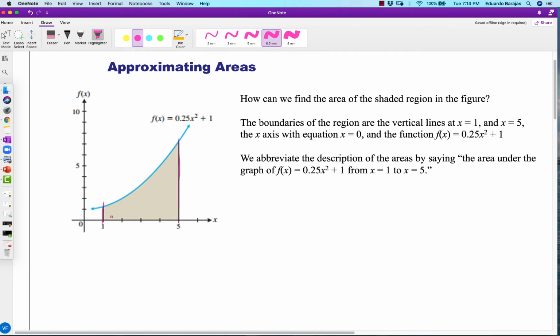The x-axis, so this region right down here. And then the top of this is the function f of x, which in this particular case is defined as 0.25x squared plus 1. So this portion.